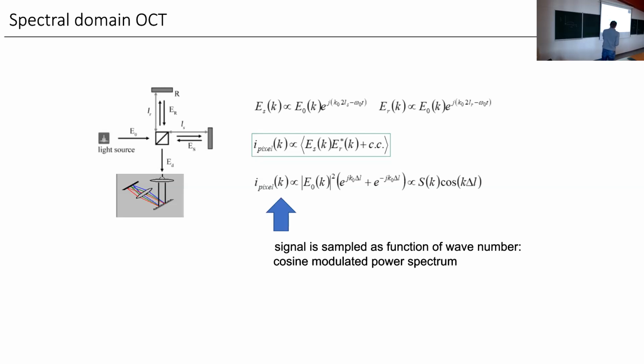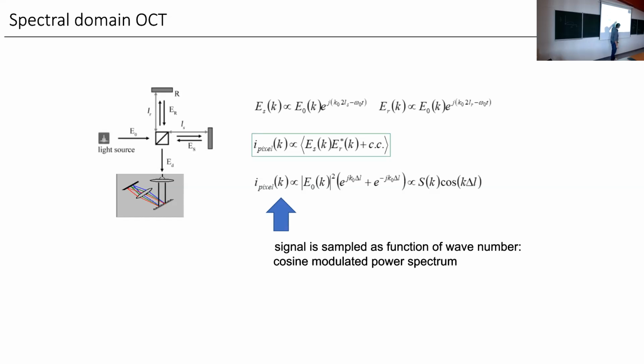So why does this work? Well, simply put, we can take the same set of equations and now write them as a function of wave number. The expressions will change. Each pixel of the spectrometer still sees this interference function.